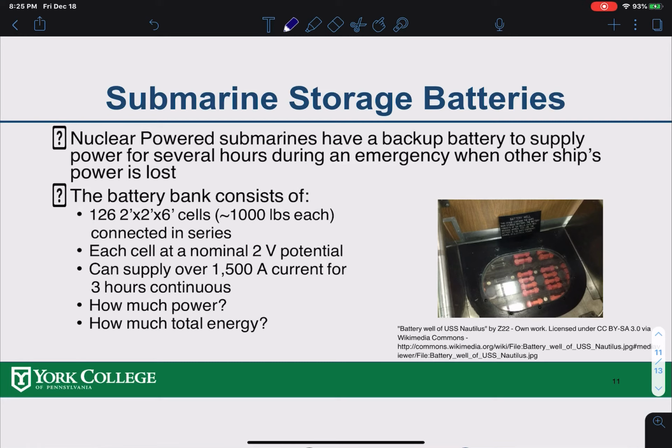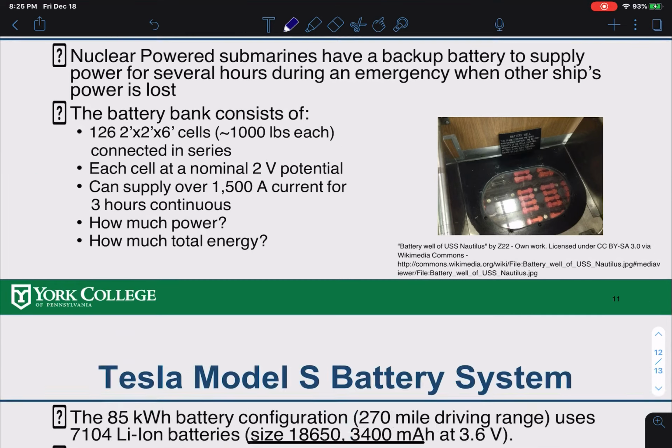That means 4,500 amp hour capacity for the battery. You can calculate from there. And if we go into kilowatts and joules, we're going to do in the class how to find the power and how much energy is there.